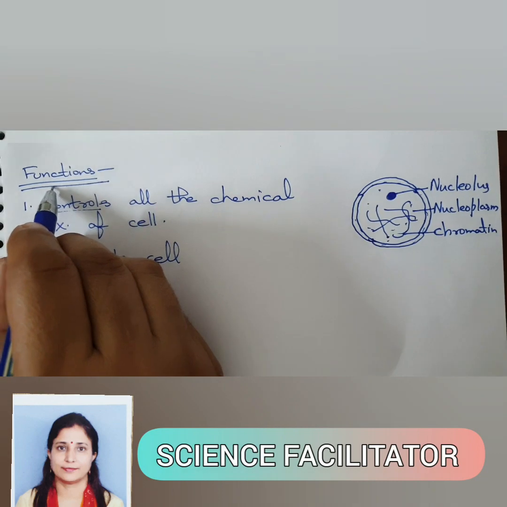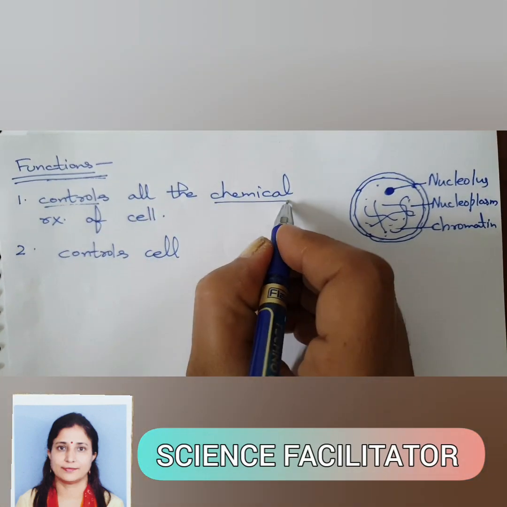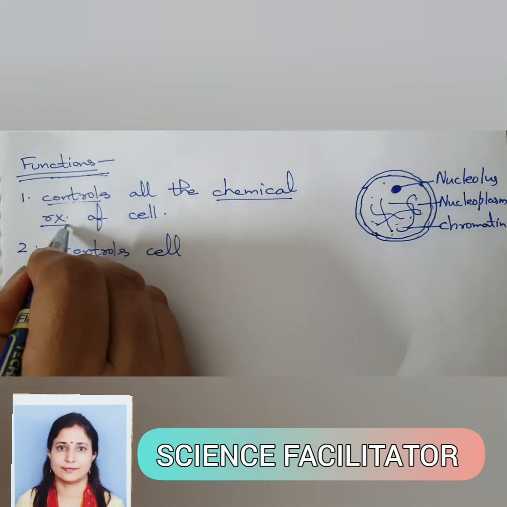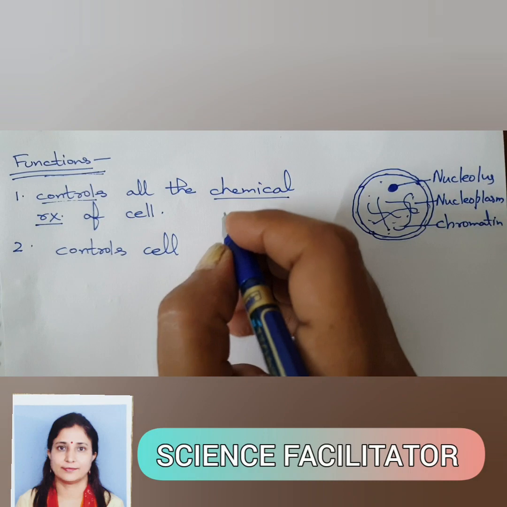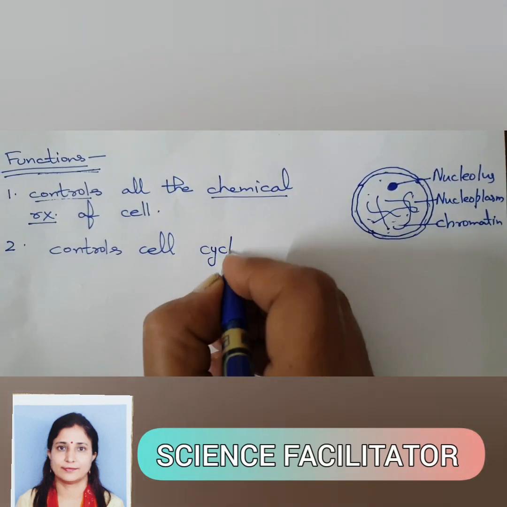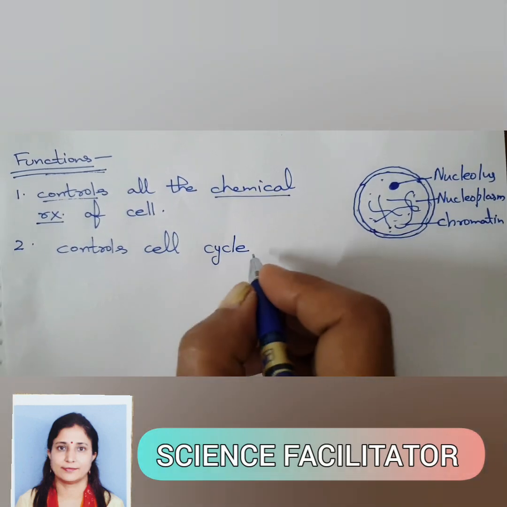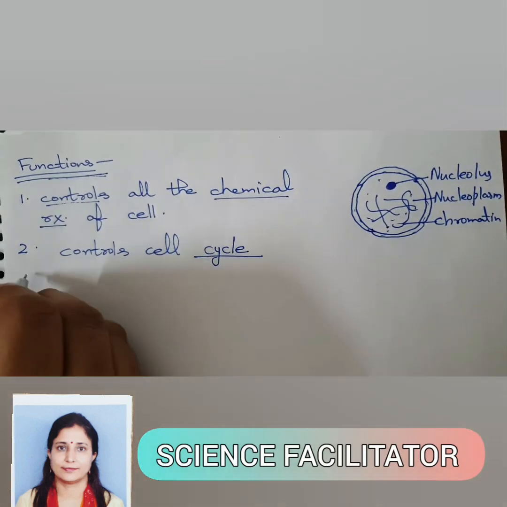Let's discuss functions of nucleus. Nucleus controls all the chemical reactions of the cell. Chemical reactions means all the metabolic activities of the cell are controlled by the nucleus. It also controls the cell cycle. Cell cycle means it controls cell division. When the cell will divide and how it will divide, it prepares the cell for cell division.